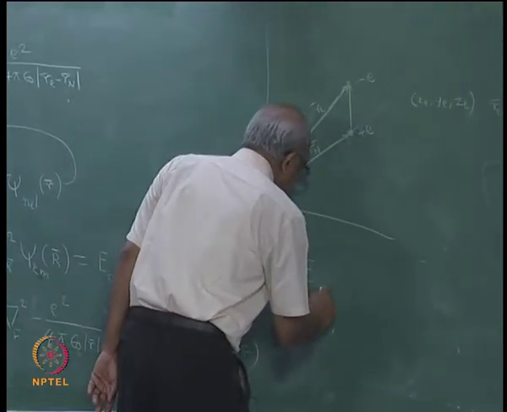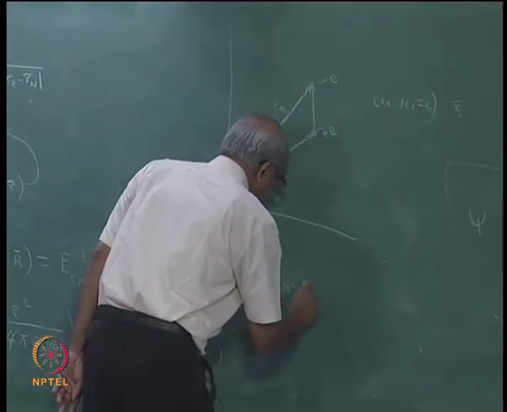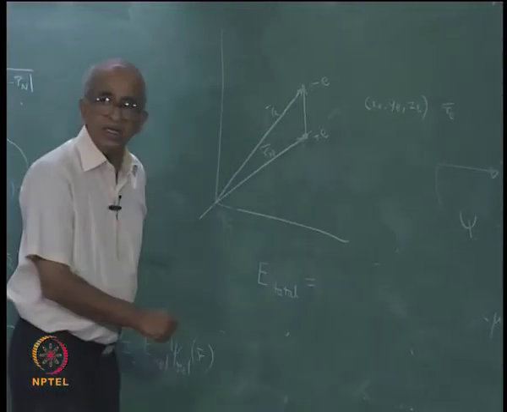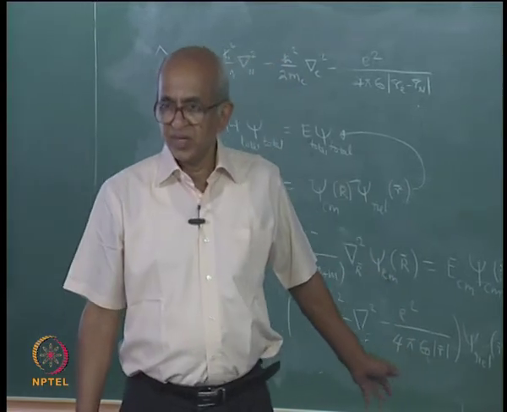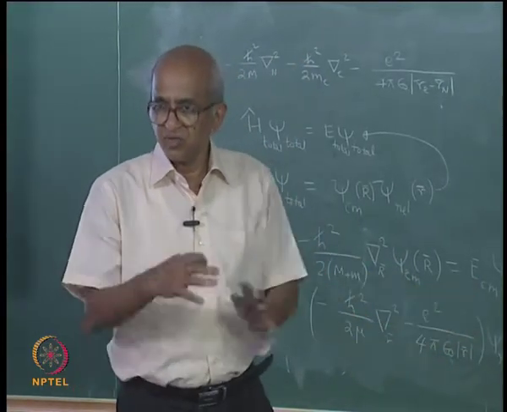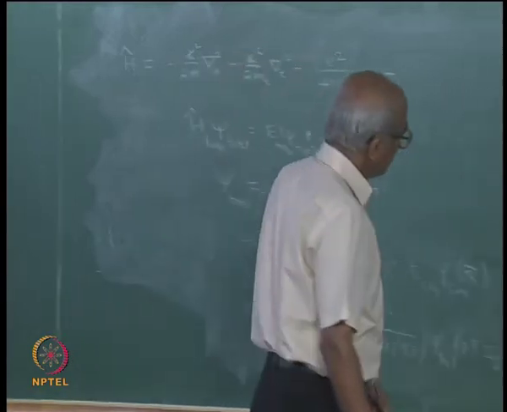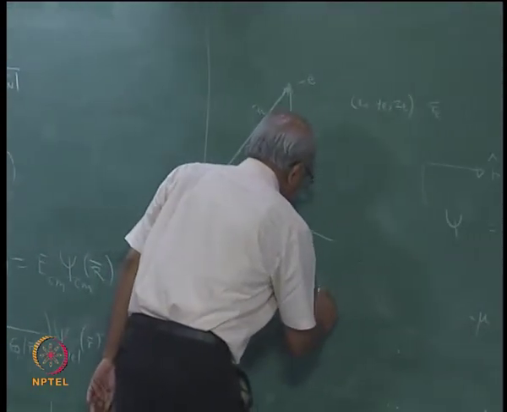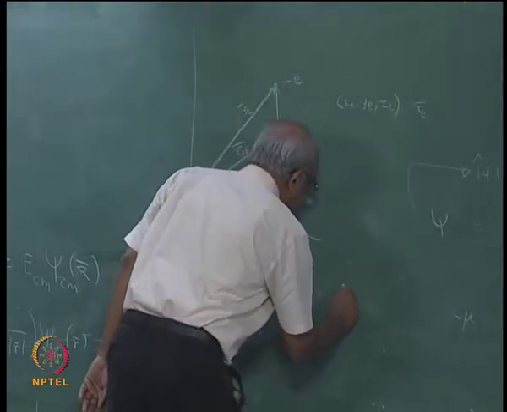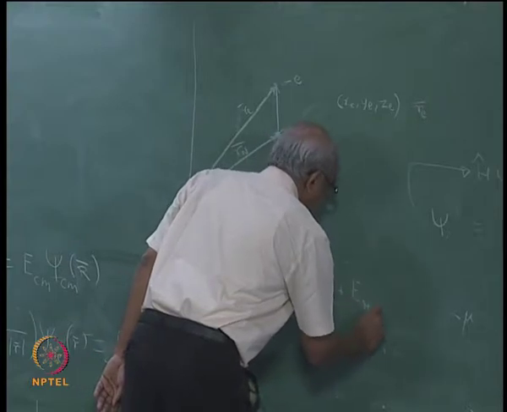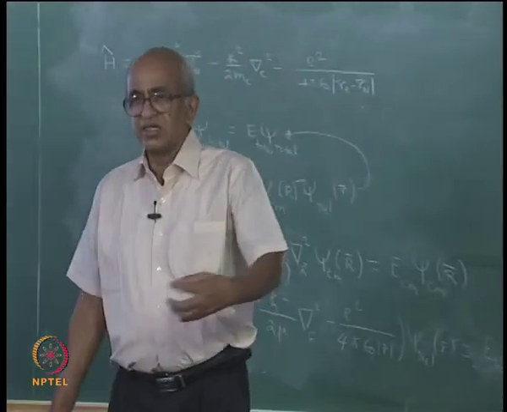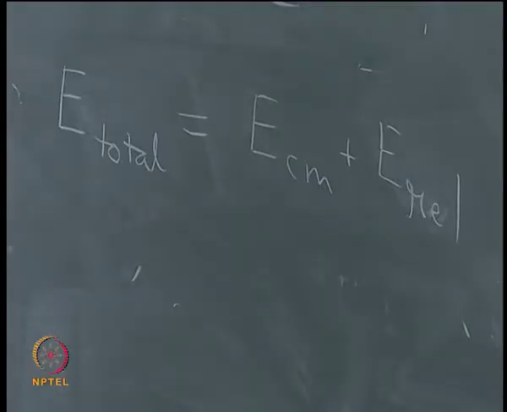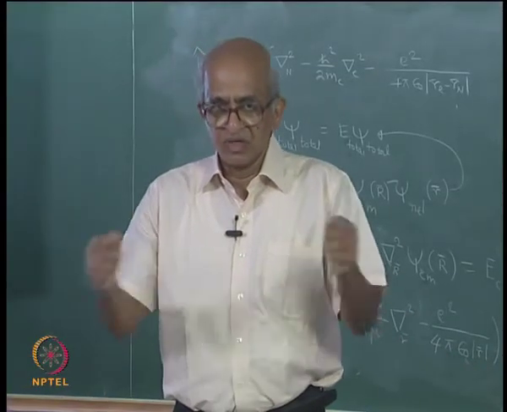If you carried out the method of separation of variables, you will find that E total would be equal to E center of mass plus E relative. You will get it from the equations, which is not surprising, because all that it says is that the total energy of the system is the sum of the translation energy due to the motion of the system as a whole and the energy due to relative motion.